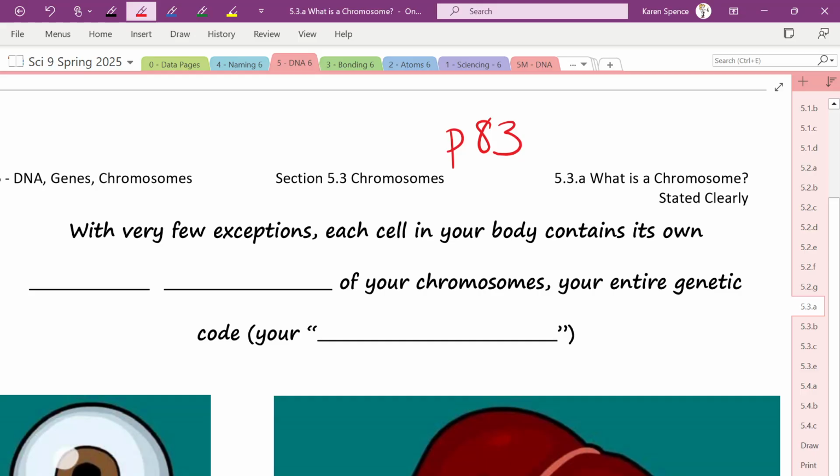With very few exceptions, each cell in your body contains its own full copy or set of your chromosomes, your entire genetic code. What's the word we use for our entire genetic code?